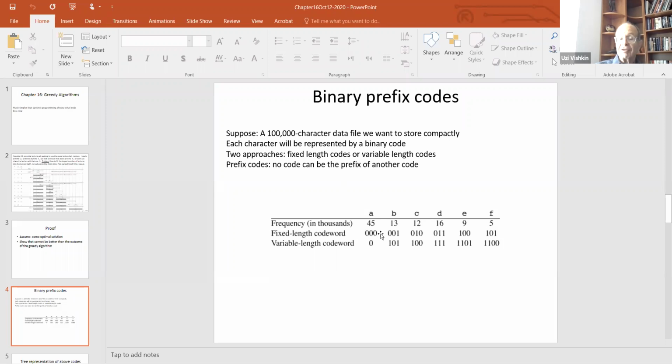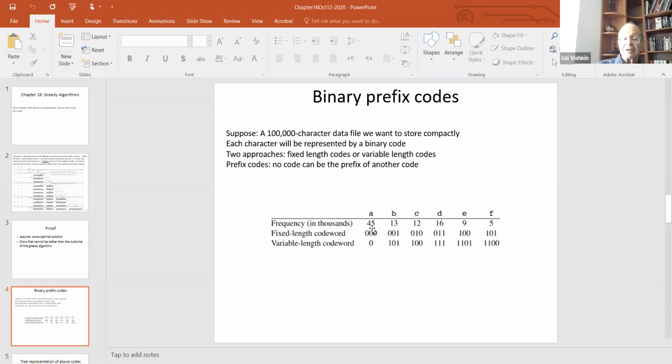It was 300,000, right? So now let's see what's going on. When I hit a B, C, or D, both codes have 3 bits. No difference, right? But for E and F, I pay a penalty of 1. Here I had 3 bits, here I have 4. Here I had 3, here I have 4. And my gain is here.